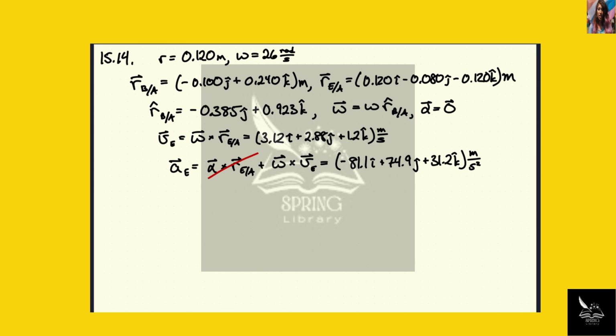In this case, we want to figure out the velocity and the acceleration of a point E, which is at the edge of the disc, knowing that the angular velocity is directed to the right.